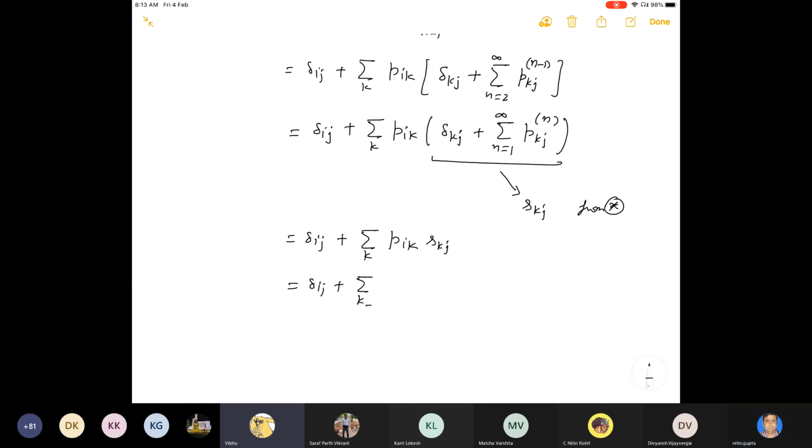So therefore, summation k is from 1 to t, whatever the possible transient states are there, pik skj.